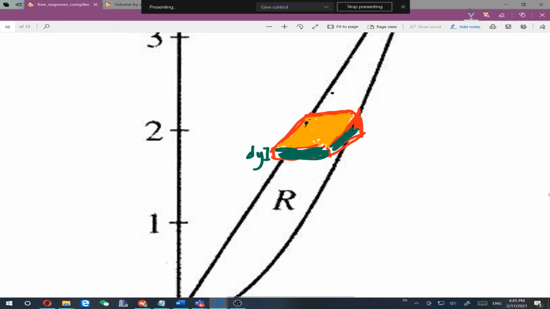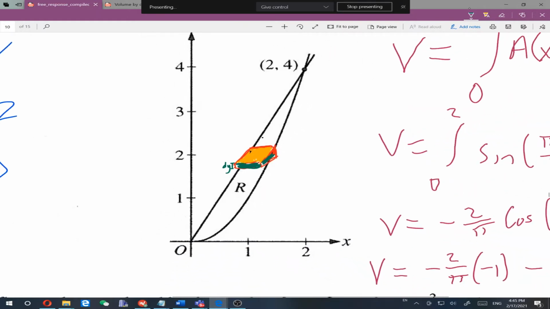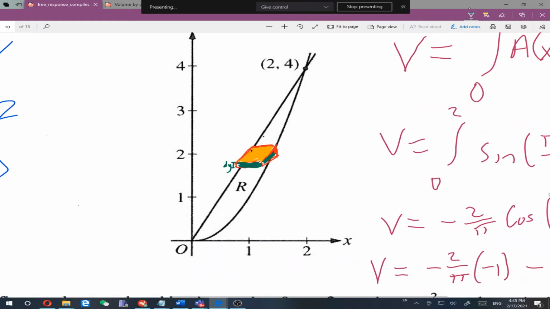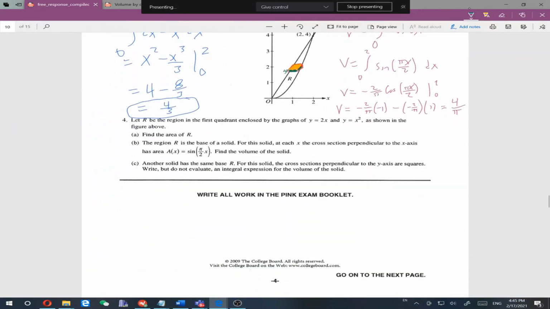So if that's true, then I should be integrating from what to what? From 0 to 4. From 0 to 4, okay. So that's our first part. For part C, we're going to integrate from 0 to 4 since we are in terms of y.